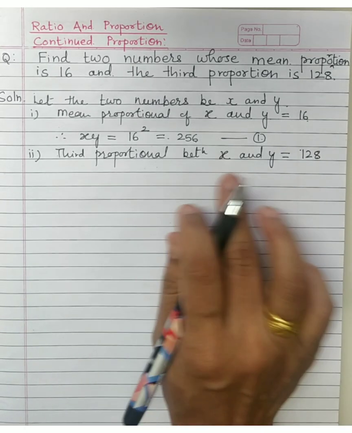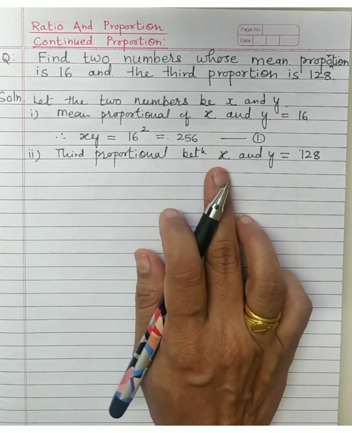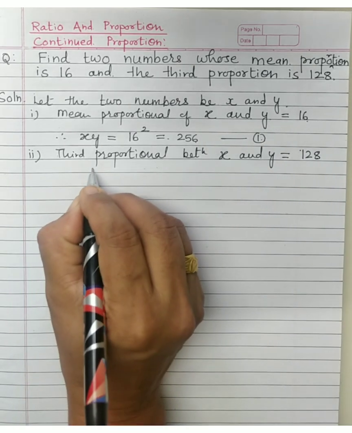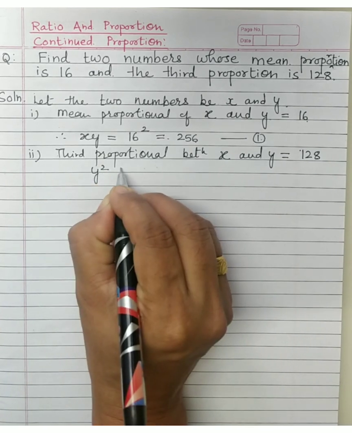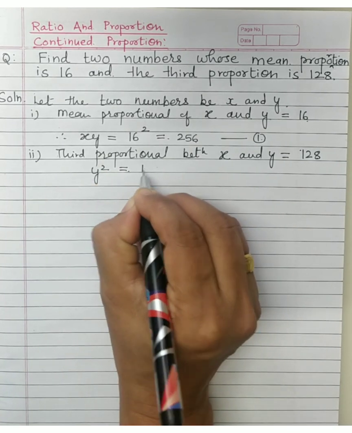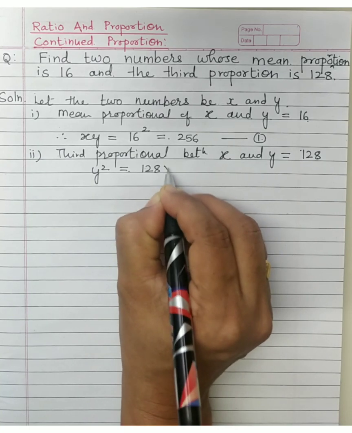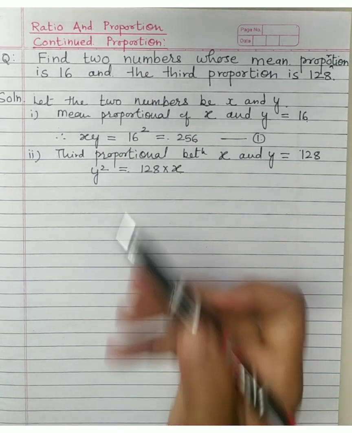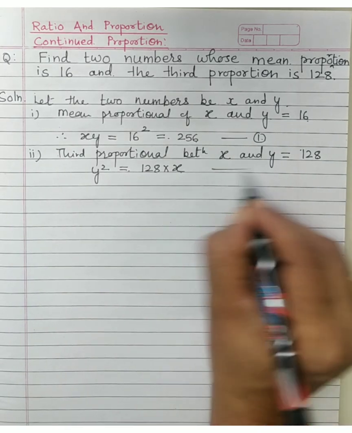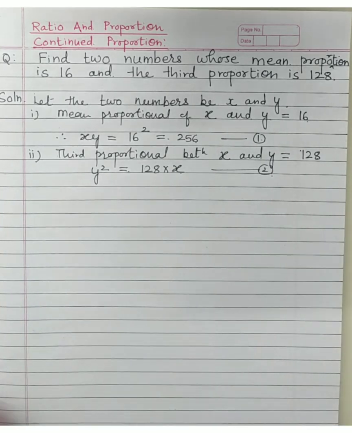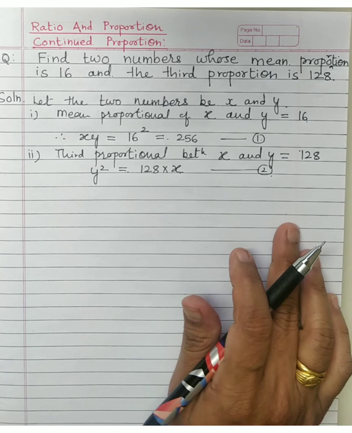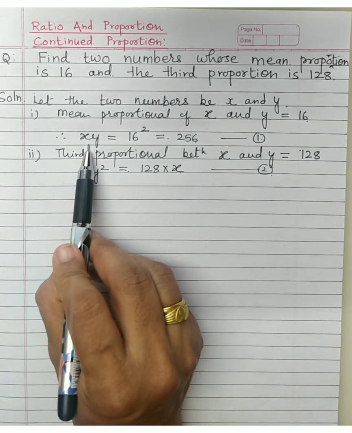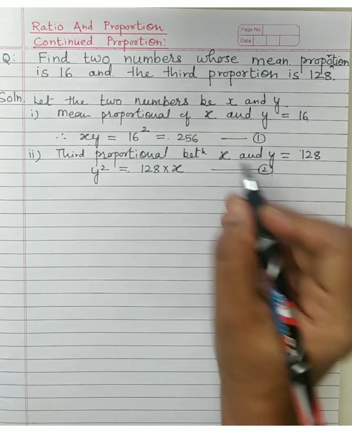Third proportion is 128 means X is the first number and Y will become the mean proportion. So how will you get? Y square is equal to 128 into X. Is this also clear? Now you have got these two relations. From that you have to merge one variable and find the value of the other.